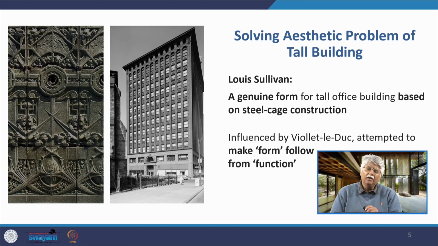Now, Sullivan had solved the aesthetic problem of the tall building, and he said a genuine form of the tall office building has to be based on steel cage construction. He was influenced by Viollet-le-Duc and thus gave rise to the dictum form ever follows function, or form follows function.